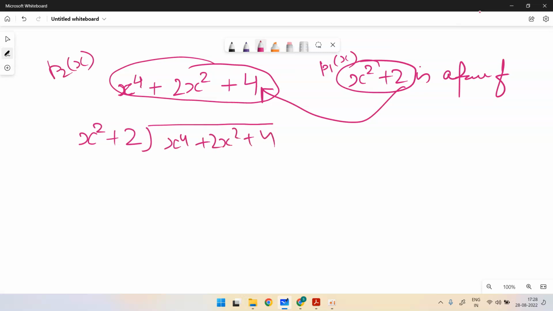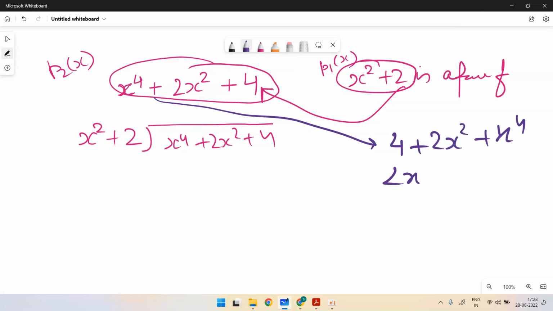Now first of all, one thing you should know is that this question can also be given like this: x power 4 plus 4 plus 2x square, or 2x square plus 4 plus x power 4. These all are the same. And for dividing, you must always write it in descending order.